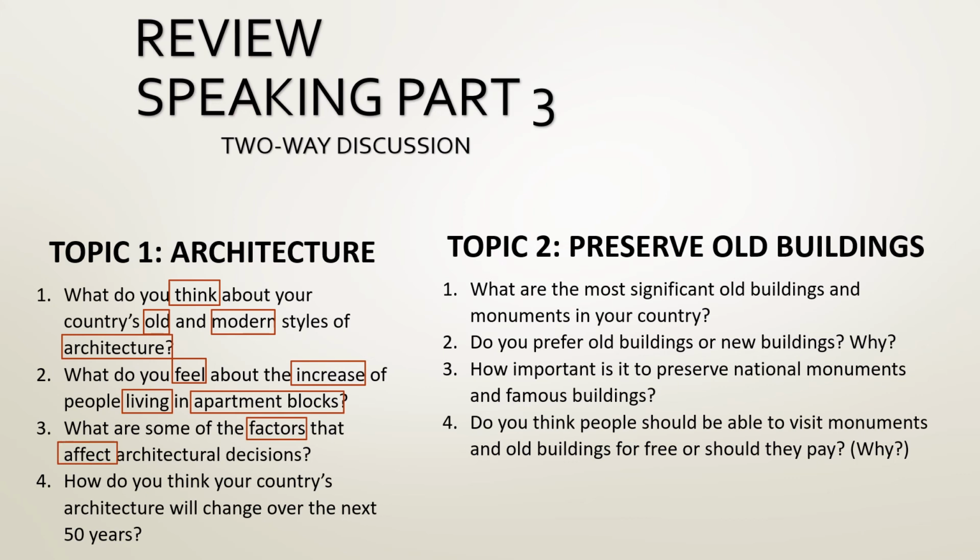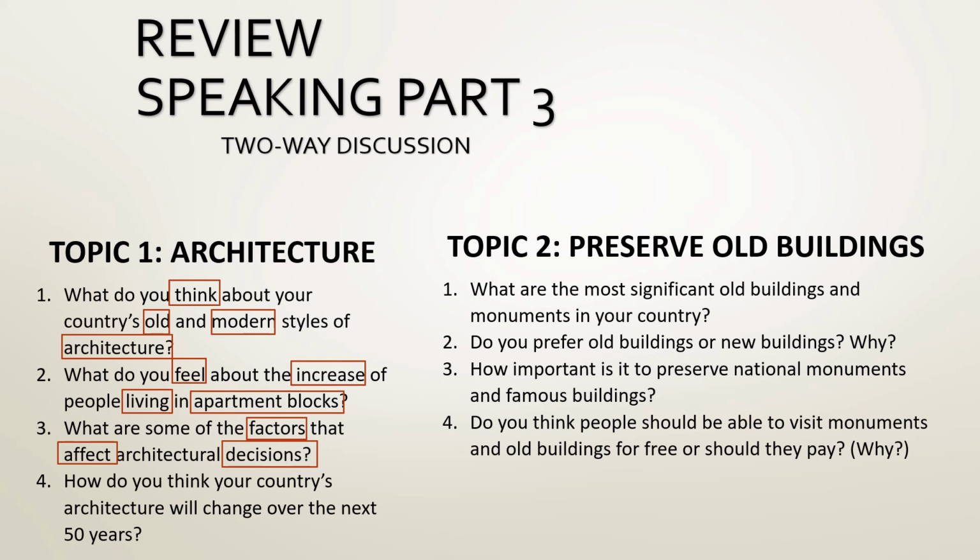Next is number 3, factors. So we have here some keywords that we need to change or look for synonyms. So factors here can be reasons, right? So what are the reasons? Affect here, we can change the word affect to change. And decision, we can change that to not really a synonym, but change the word function, so decide.